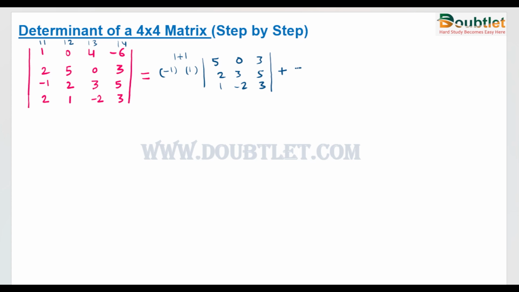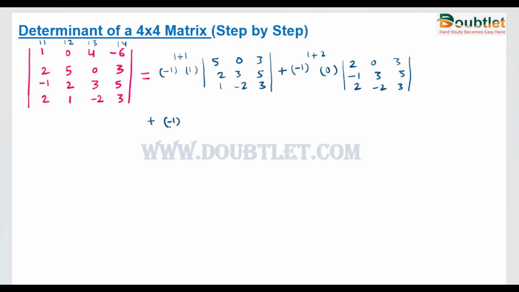Then for the second element we will write minus 1 to the power 1 plus 2, and the second element is 0, and since 0 is multiplied by anything, we will just cancel out this second column and first row. What we will get? We will get 2 minus 1 2, this will become 0 3 minus 2, this will become 3 5 3.